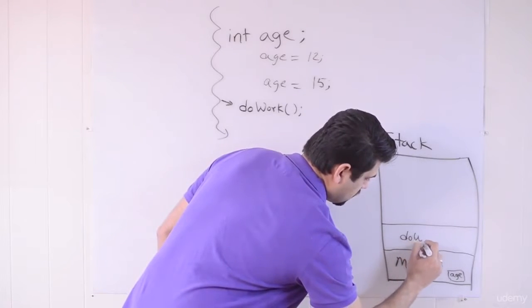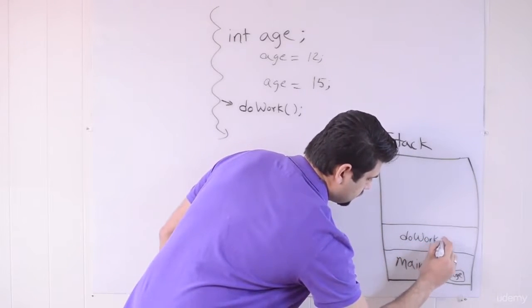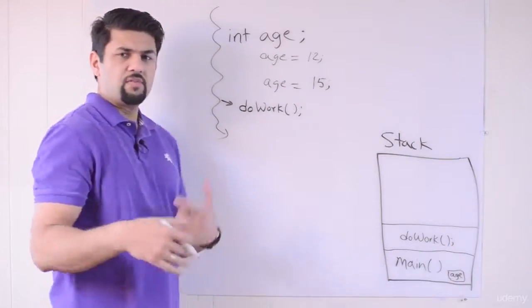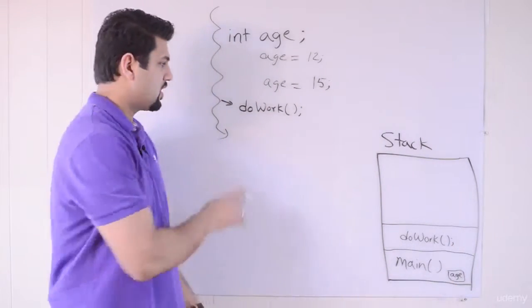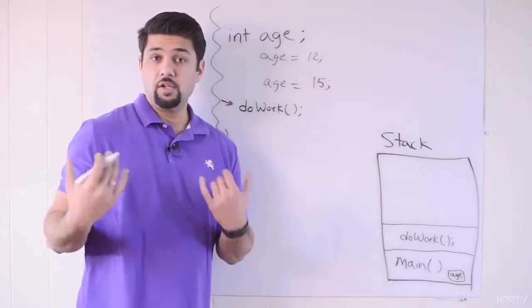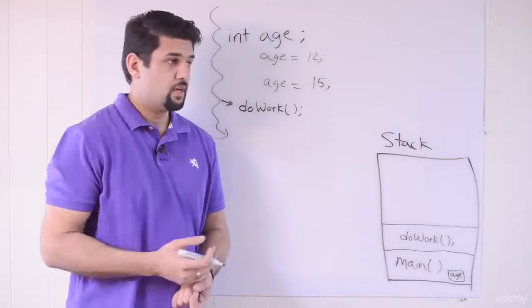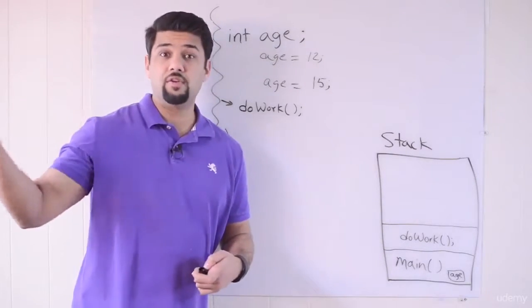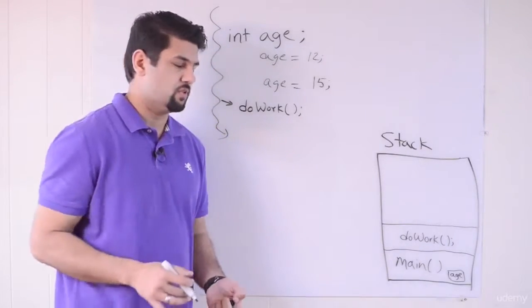Do work. And inside the body of this method, wherever this method is defined, there may be local variables there too, right? It could be of type integer, of string, or any other object type variables. We'll go into those in a little bit.